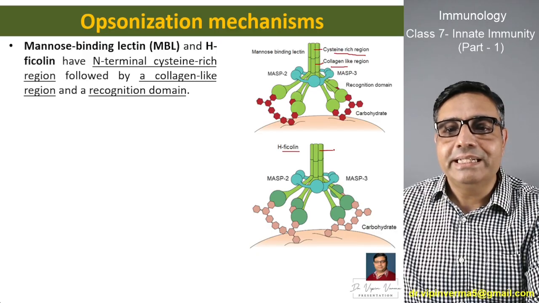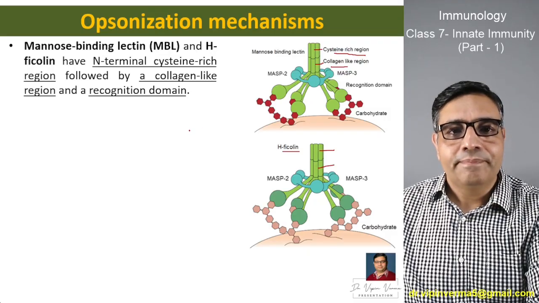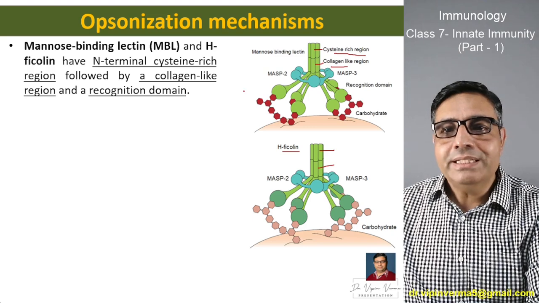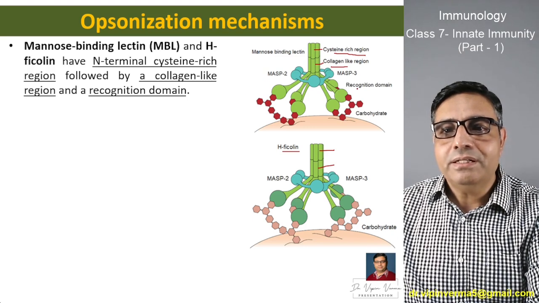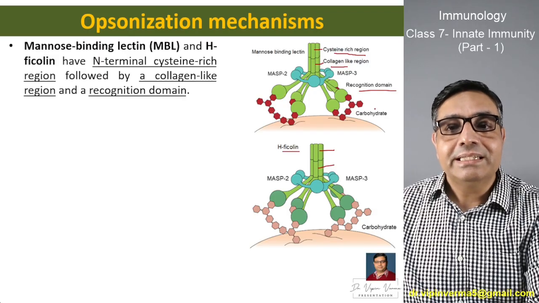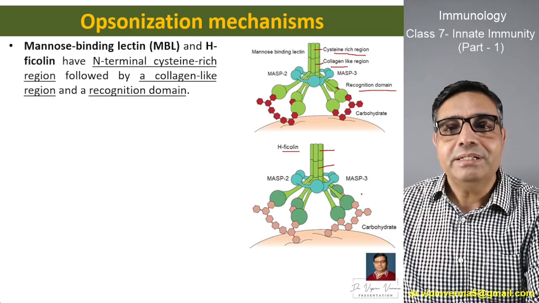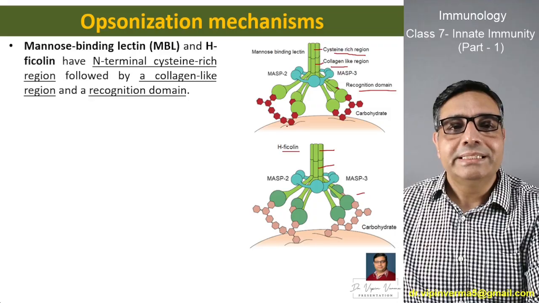We have the cysteine-rich region, then the collagen-like region, and then we have a recognition domain, which recognizes the specific targets. So here you can see the structure is almost similar.